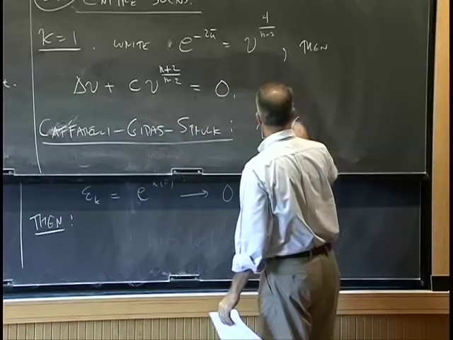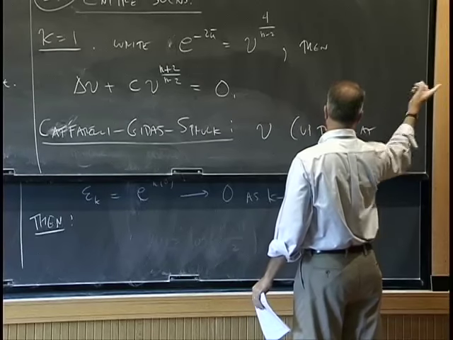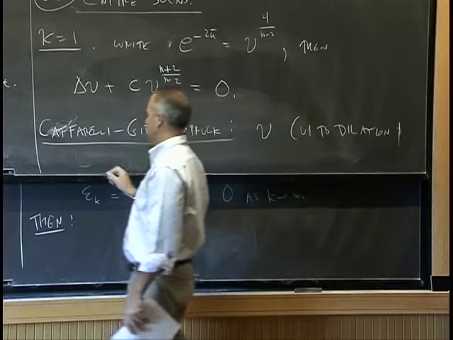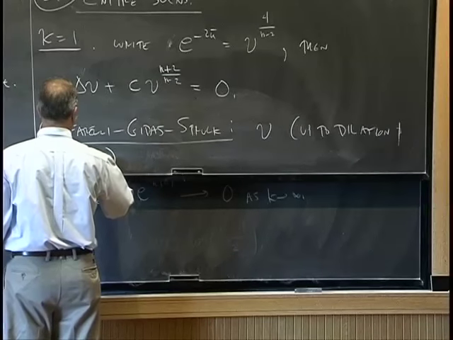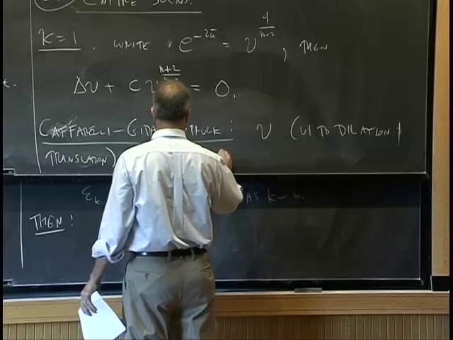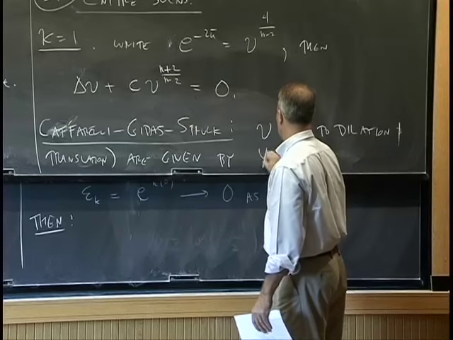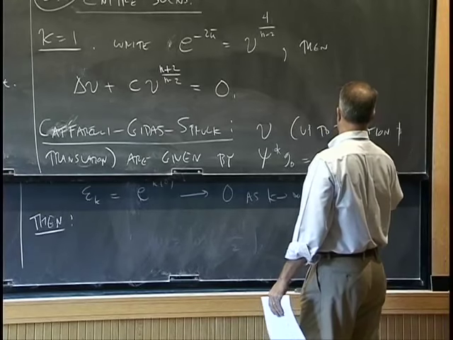So v, up to dilation, you can always do this dilation, and you can always translate, of course. So up to dilation and translation, are given by pullbacks of the round metric by stereographic projection.